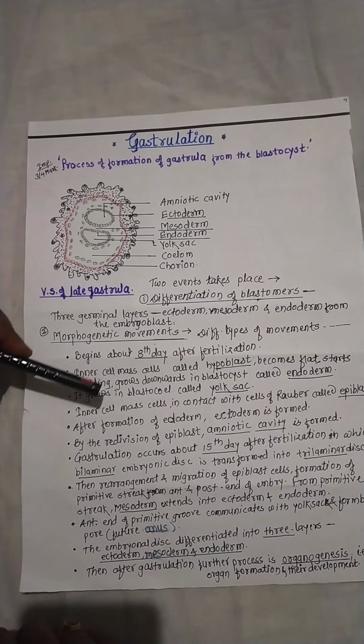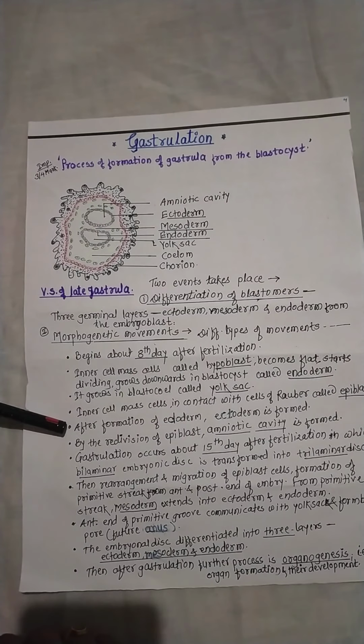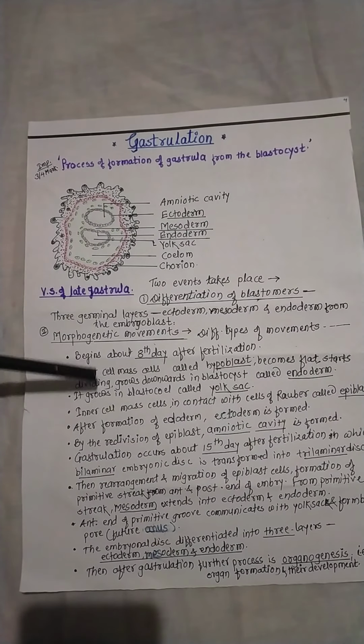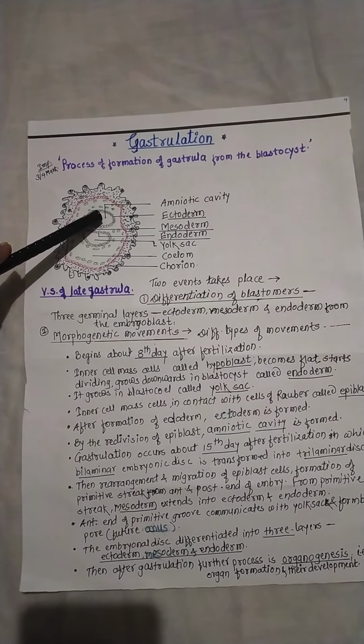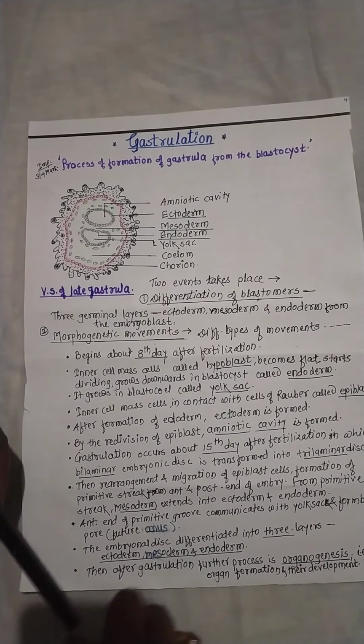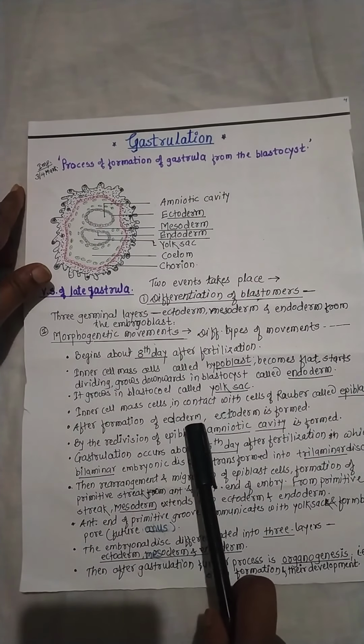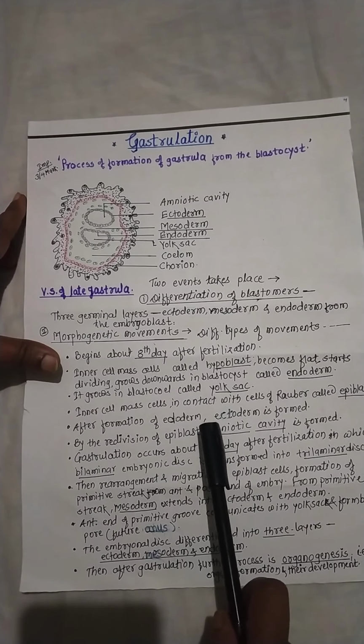Then the inner cell mass in contact with the cells of Rauber forms the epiblast. That epiblast forms at the upper side. Then after formation of endoderm, ectoderm is formed. This ectoderm forms by redivision of the epiblast.